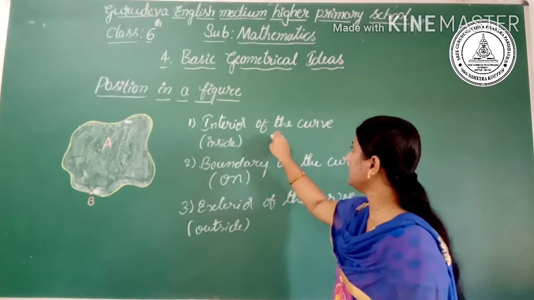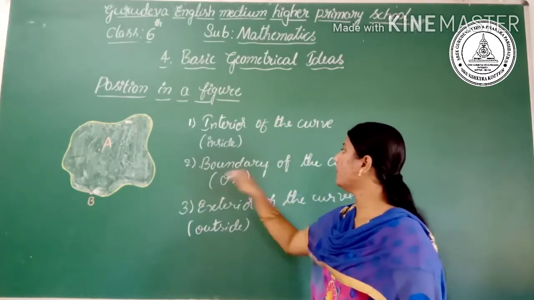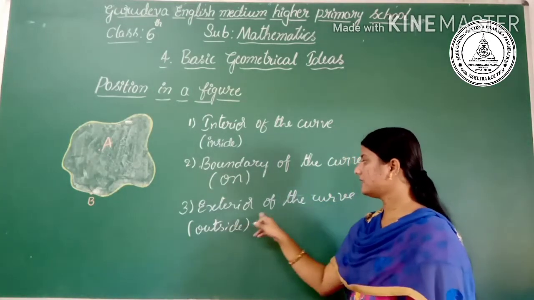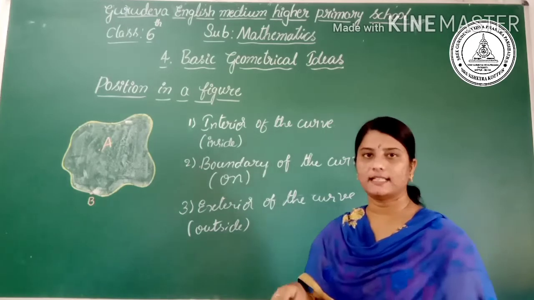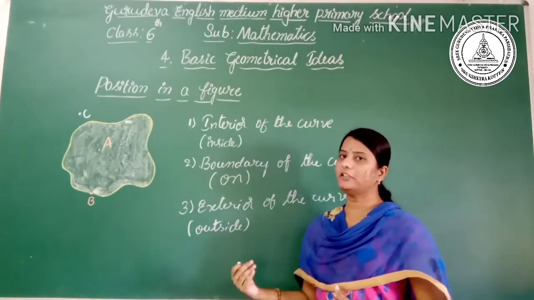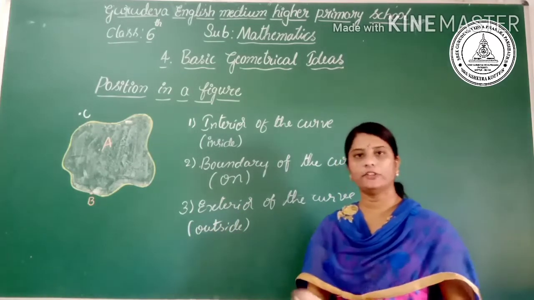A closed curve has three parts. First, the interior of the curve, which means inside the curve. The boundary of the curve means on the curve, and the exterior of the curve is outside the curve. In the adjacent figure, you can identify the interior, exterior and boundary of the curve.